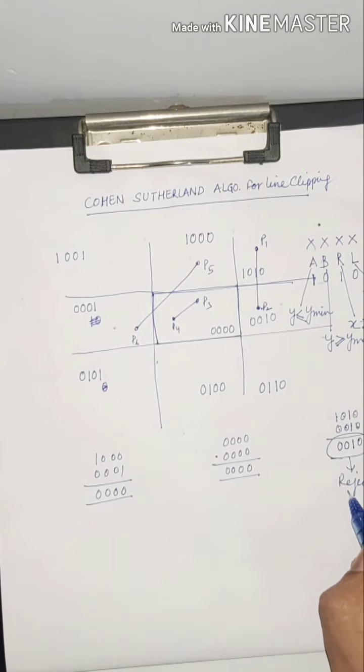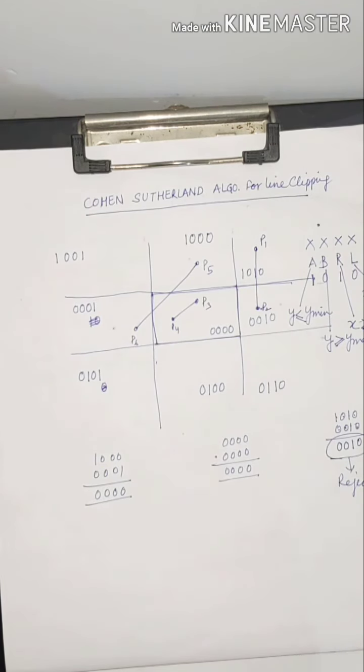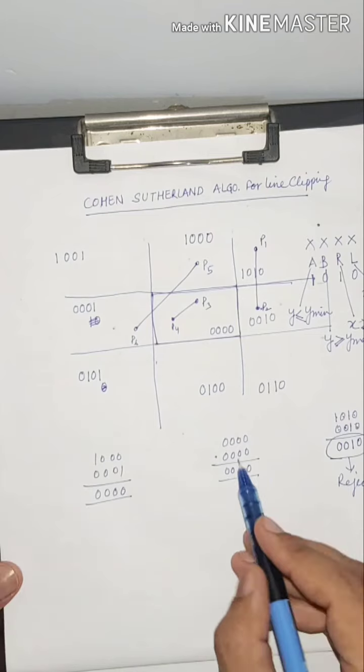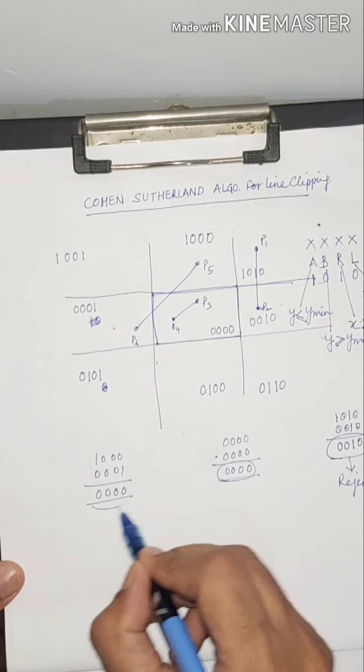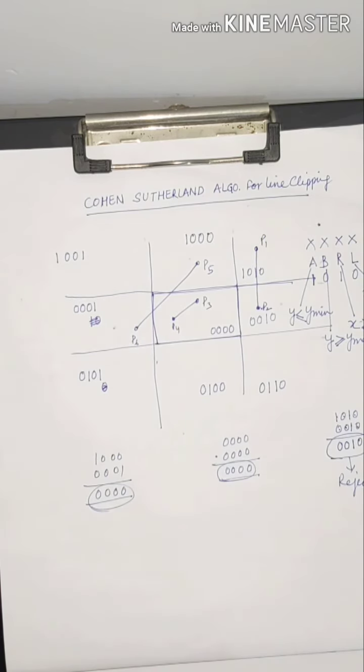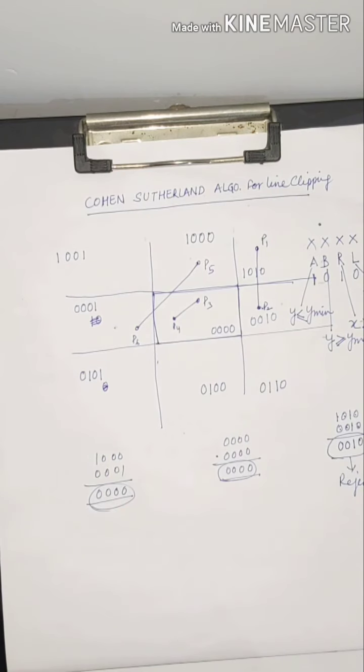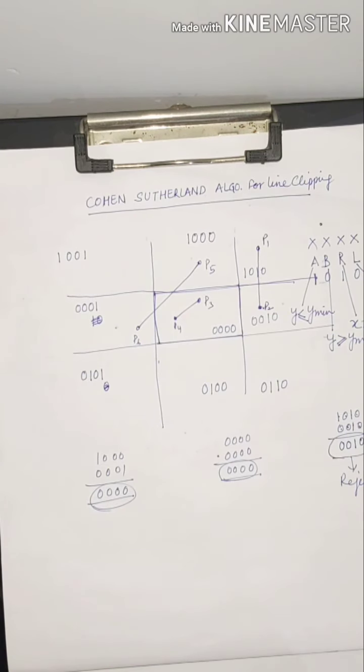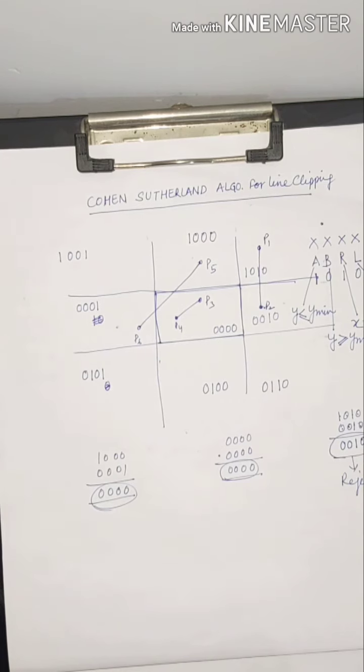This is an indication of the line lying outside the window. But if the ANDing is all zeros, then this means that the line has some clash with the window, so you cannot reject it outright. So first of all, such cases will be rejected.